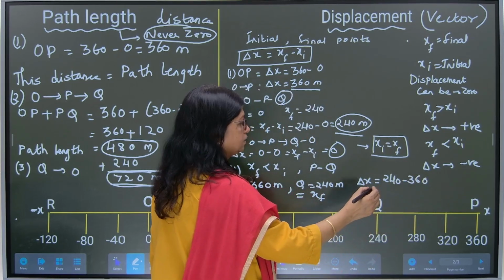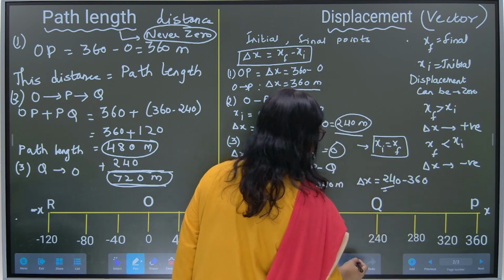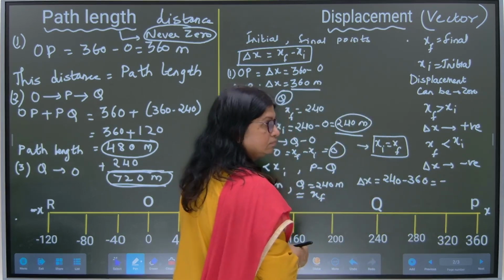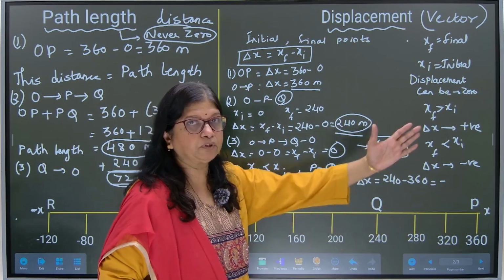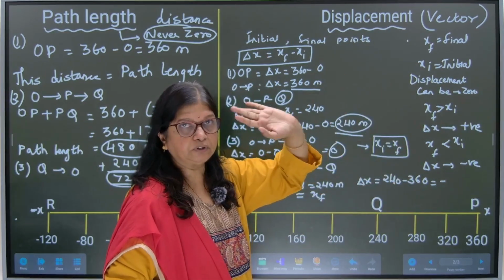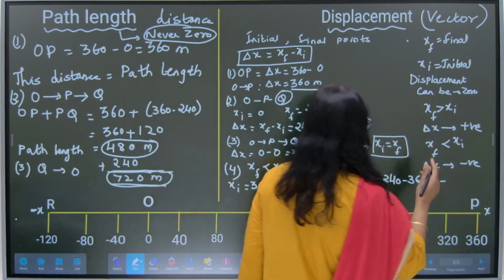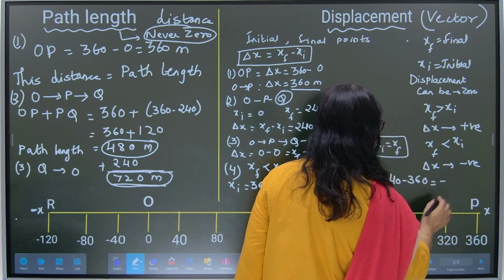What is our answer? 360 is greater than 240, the final position is less than the initial position, so I will get a negative answer. It is negative 120 meters.